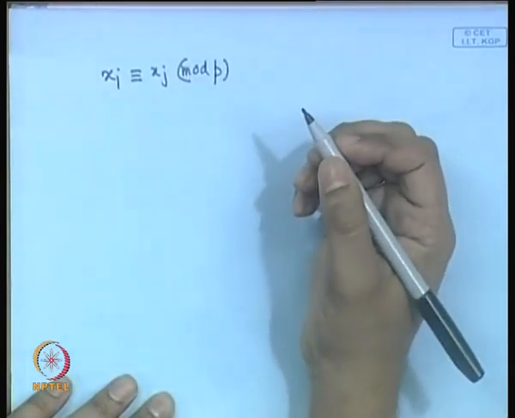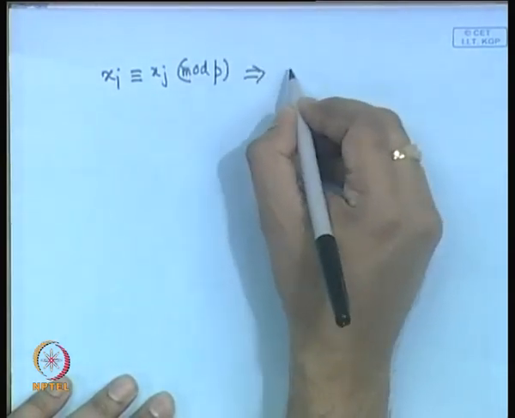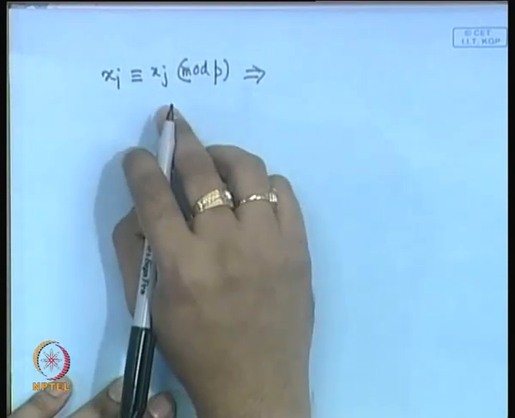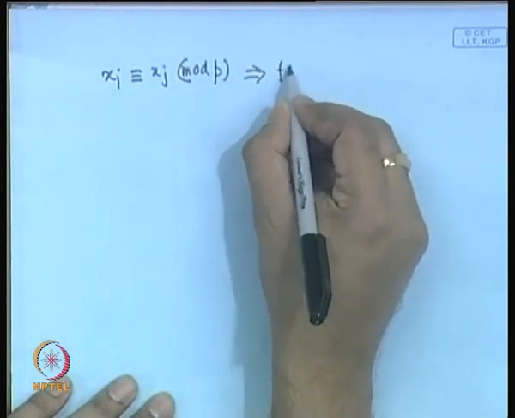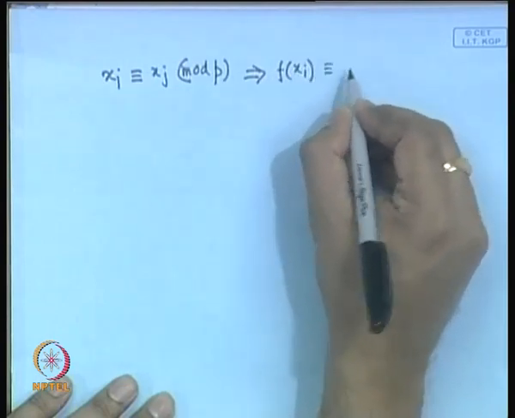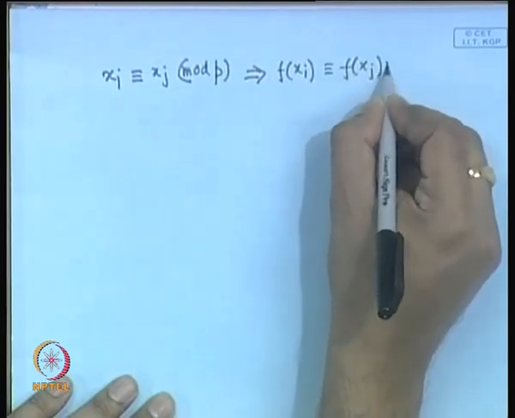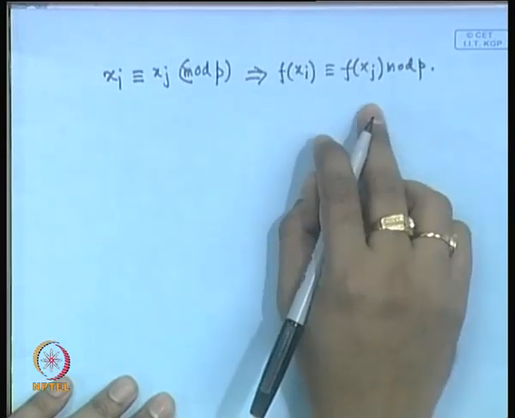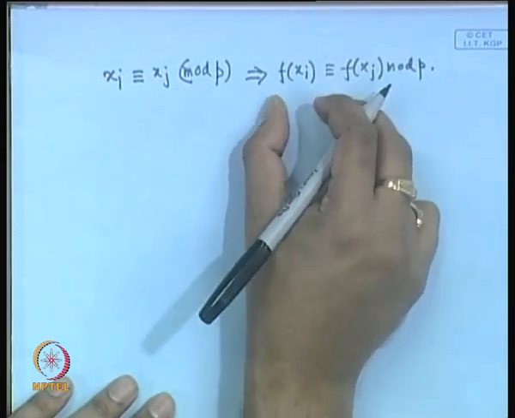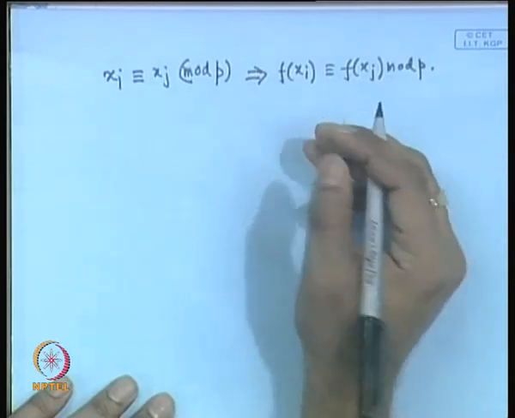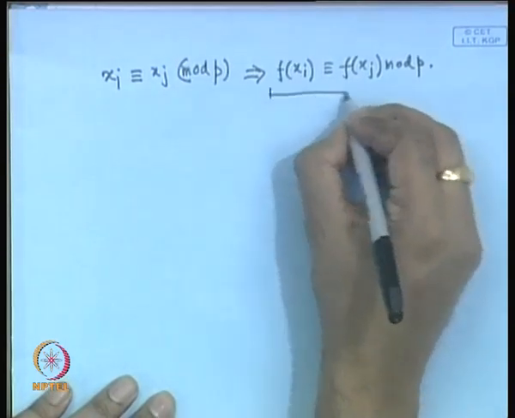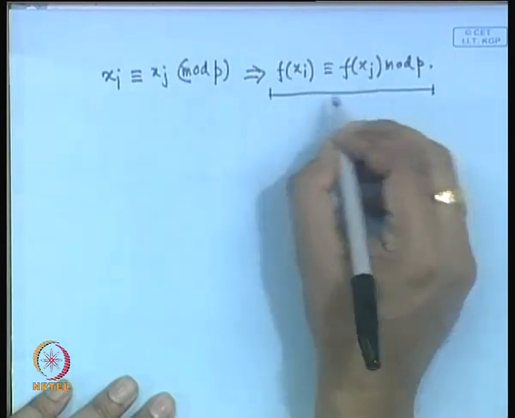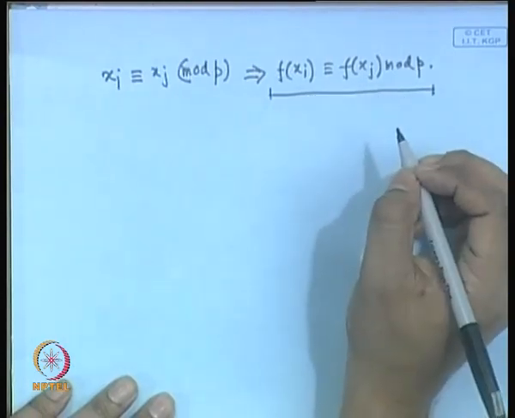What we will prove from here is that in that case, if x_i and x_j are the same modulo p, then f(x_i) and f(x_j) are also the same modulo p, because f is a polynomial with integer coefficients. This is a standard result, so f(x_i) and f(x_j) will also be congruent to each other modulo p.